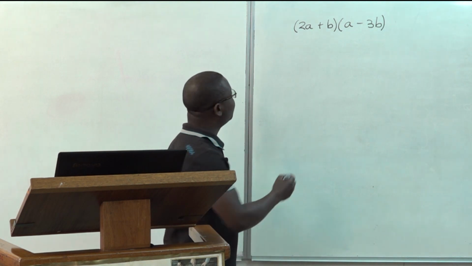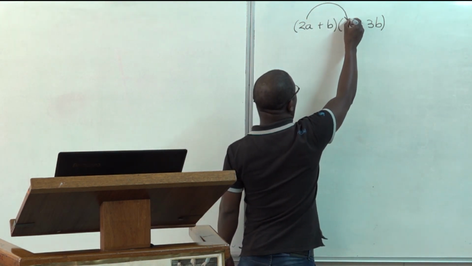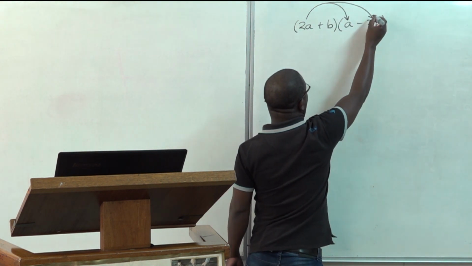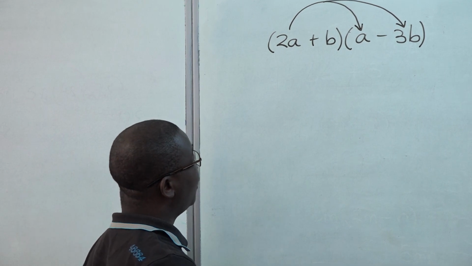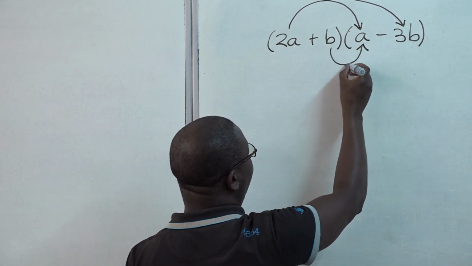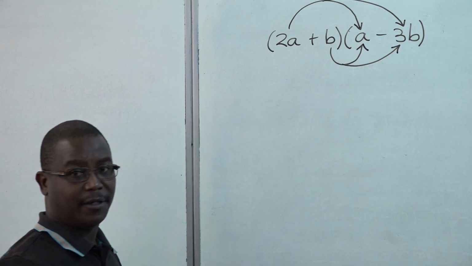Using the arrows, I would say the 2 will multiply the a, the same 2 will multiply minus 3b. After that, the b multiplies the a, and the b multiplies minus 3b.